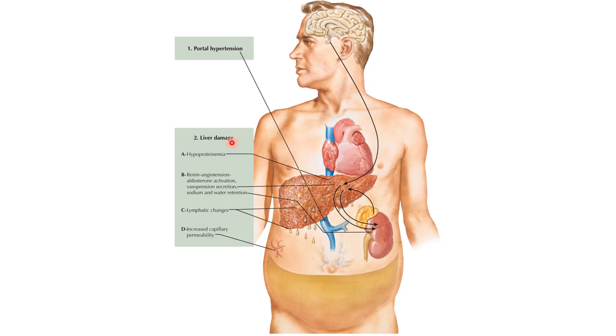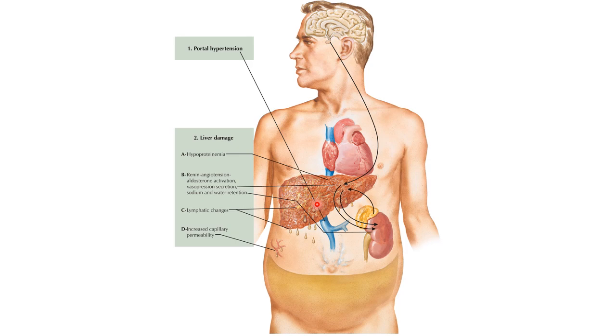Next, liver damage. So you have to understand that the majority of the blood flow that goes into the liver comes from the portal vein. And so if the sinusoids are repelling blood flow into the liver, then the hepatocytes will chronically be exposed to ischemia.